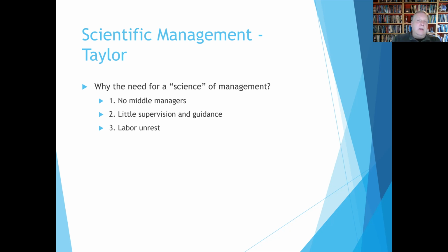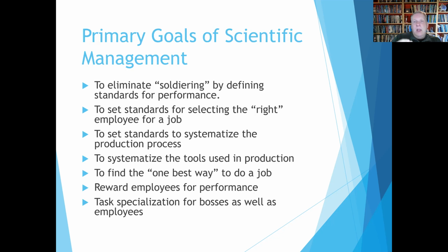We were recognizing a lot of the problems in the workplace that were threatening the life and the safety of individual employees, which led to a lot of labor unrest. So Taylor felt that by developing this science of management, you could address those three problems by focusing on how best to do jobs within our organization.